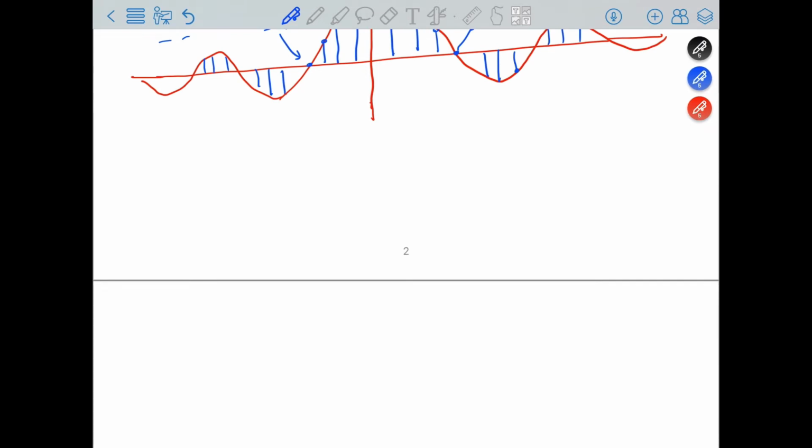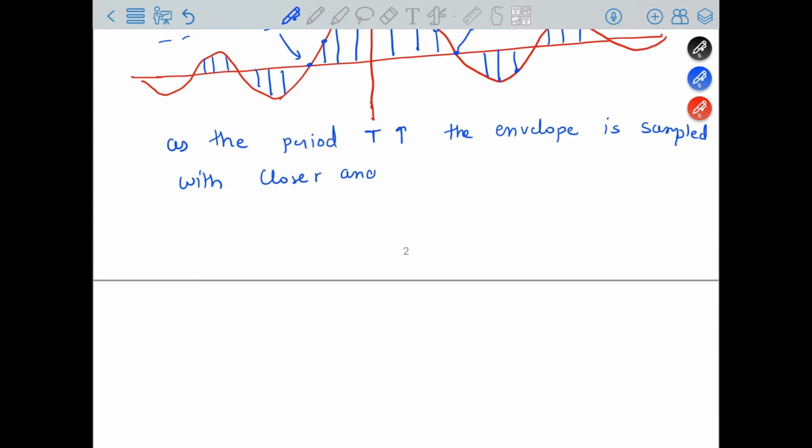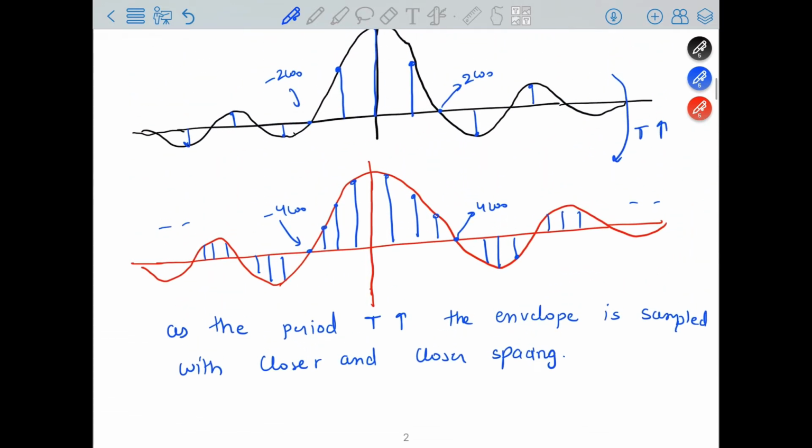So, what this graph finally summarizes is that as the period T increases, the envelope is sampled with closer and closer spacing. And this is shown with this graph as well. You can directly infer that now the envelope is sampled with different values which are very close.